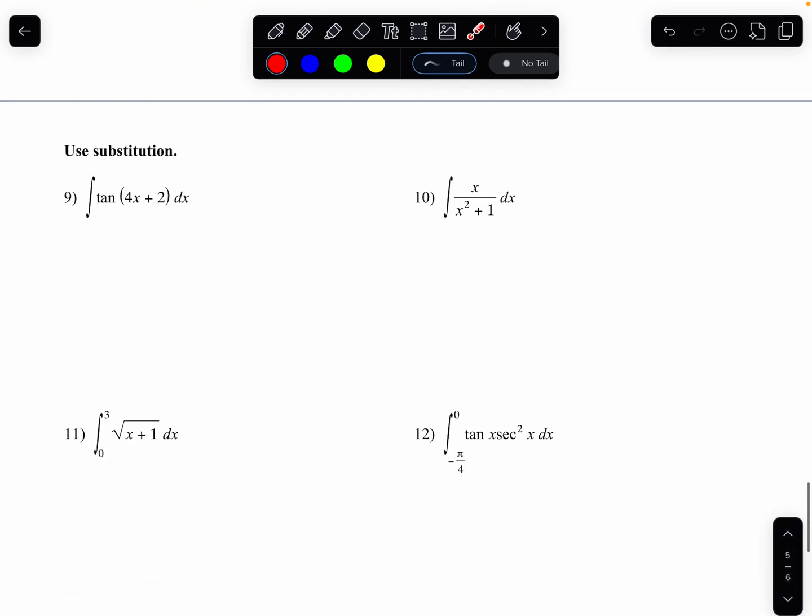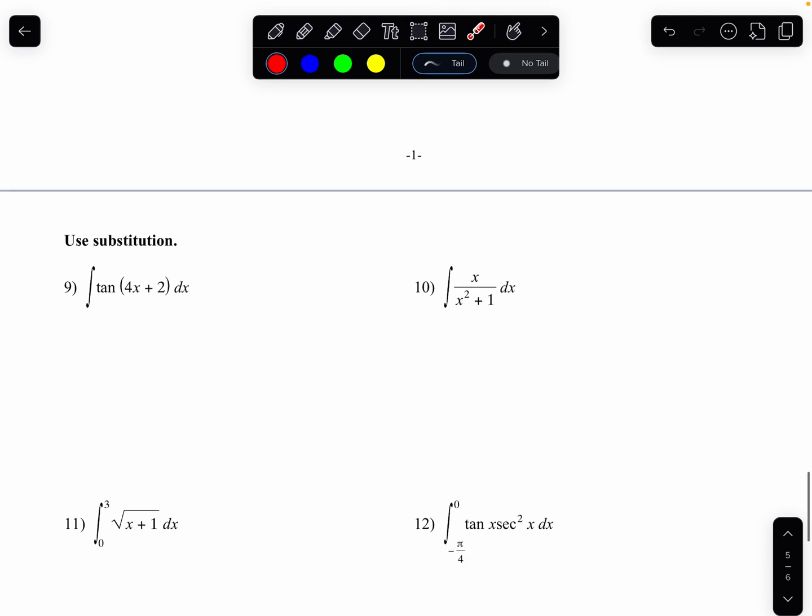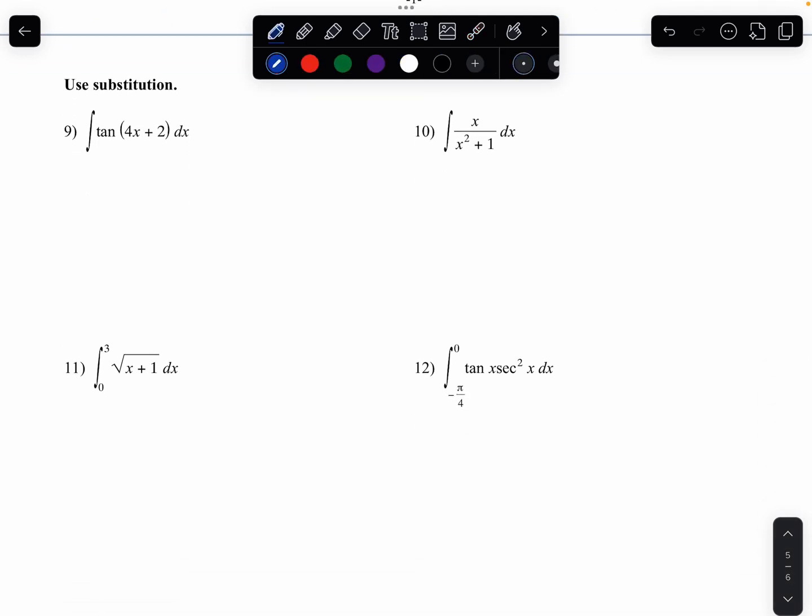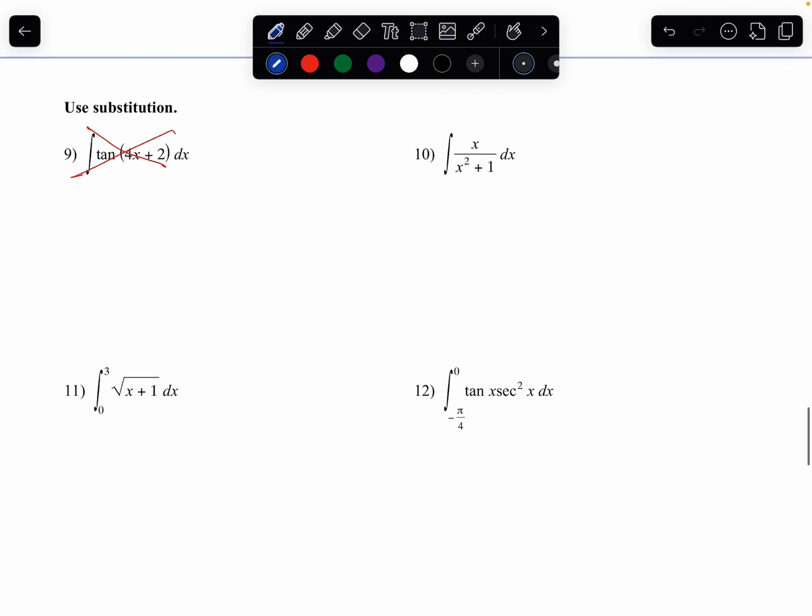Okay, on this next page, it's going to be substitution, and I'm going to be honest, I know how to do this one. I'm not saying I don't know how to do this one, but I don't want to explain how to do that one. If you guys want to try it, it would be better if you wrote this as sine of 4x plus 2 over cosine of 4x plus 2.